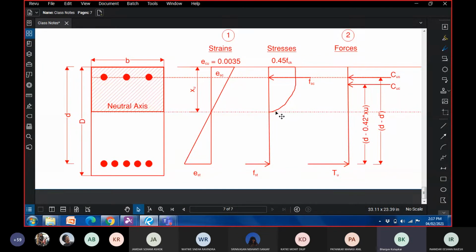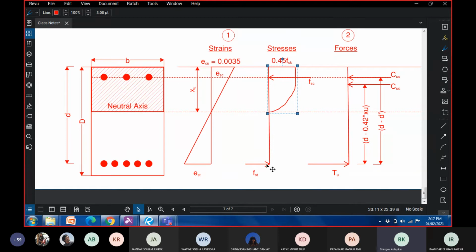This is the variation of stress in concrete in compression. The stress is 0 here and a maximum value of 0.45 FCK at the extreme compression fiber. Since the strain at all these rebars is the same, the stress is also going to be the same, which is FST, and therefore there's only one arrow here. There is no area on which the stress acts.